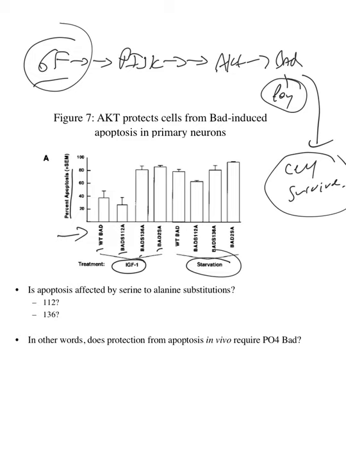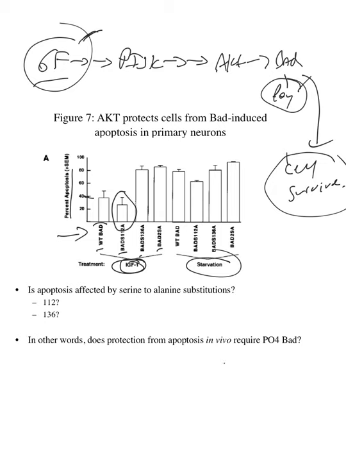So let's take a look at the pattern of data that we see here. So transfecting in wild type bad and adding the growth factor means that we can stimulate the pathway because we're adding the ligand that gets the whole thing started, and it'll lead to some bad phosphorylation, which will provide some cell survival. So we're not at 100% apoptosis or something like that. We're down to about 40% apoptosis. And we're basically at the same level when we deliver the 112 mutant.